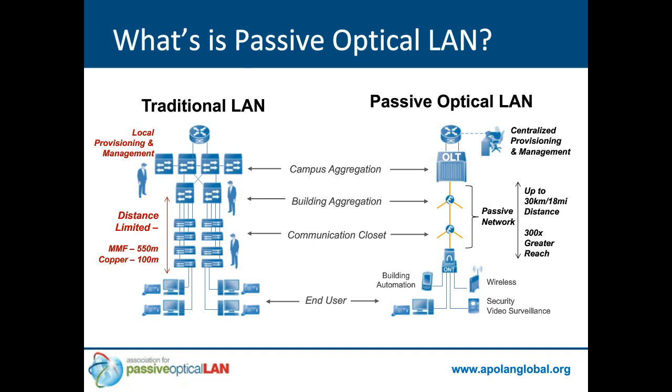These devices could be anything from thermostats and wireless access points to computers, video surveillance cameras, all your audio-visual and menu boards, and all the things you would see connected to a traditional network. So it's very easy to implement, takes a lot of complexity out of the middle of the network, and gives you centralized administration.